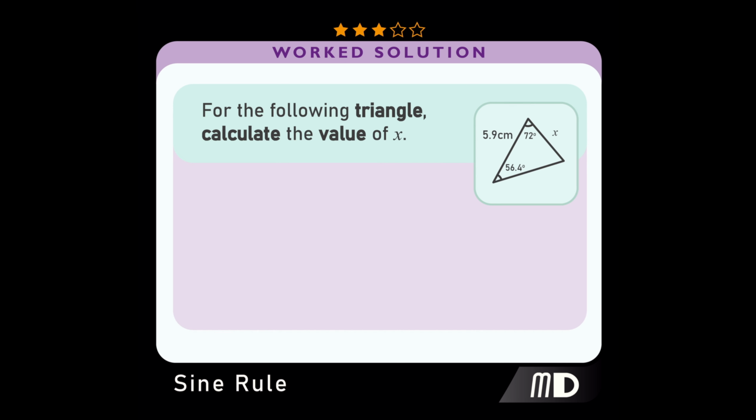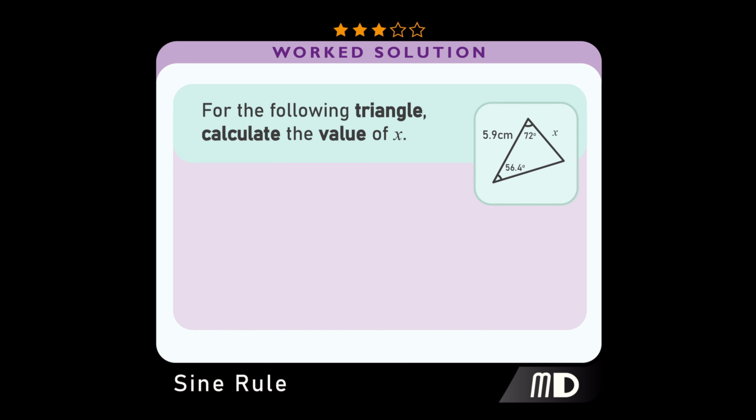Or if we know the size of two angles and the length of one side, we can use the sine rule to find the other sides and angle. If we know the size of all three angles and we need to find the length of one side, we can use the cosine rule.